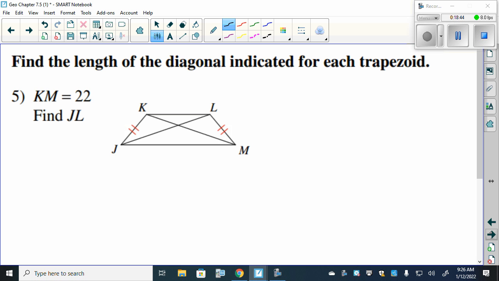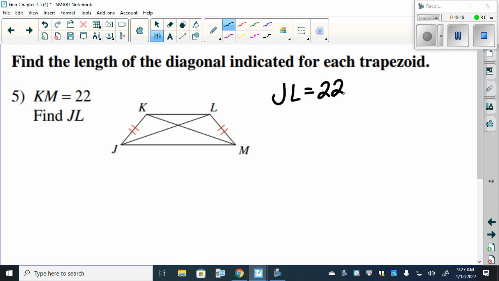All right. Let's look at the last few problems that we have. Find the indicated length of the diagonals indicated for each trapezoid. Yep. Because if one of the diagonals is 22, the other one has to be 22.